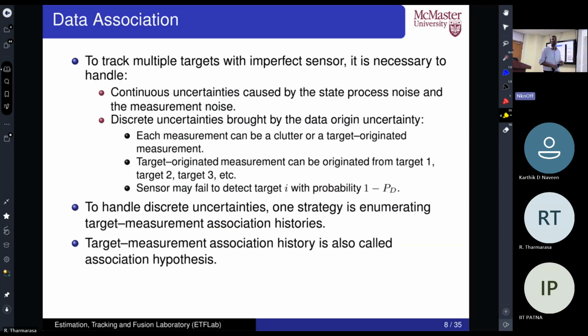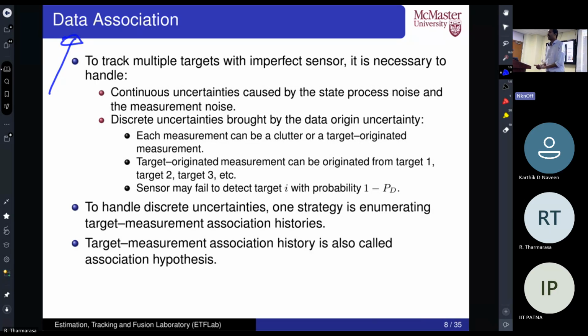I don't know how many of you know about the trackers. There are several trackers: nearest neighbor tracker, MHT tracker, PDA tracker, JPDA tracker, MFA tracker. All these names of these trackers come based on how we do the data association. The data association is the one deciding the name of the tracker, not the initialization or filtering approach.